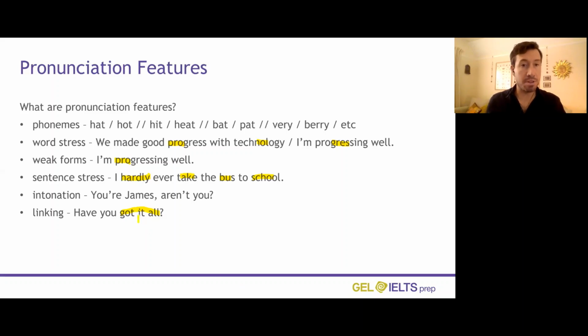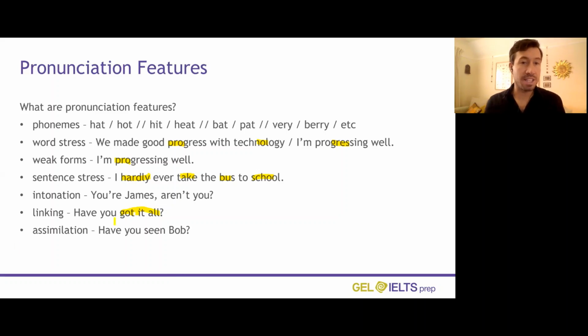It usually happens when you have a consonant followed by a vowel. Those two connect together. So got it all. And we call that linking. And again, native speakers are linking their words together all the time, which is why listening can be so difficult for language learners.